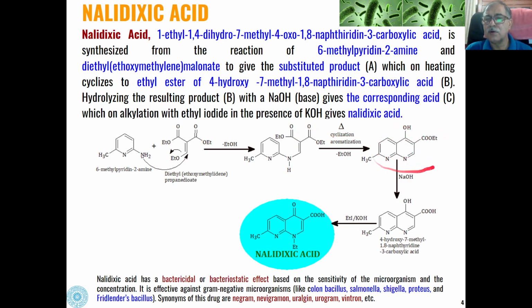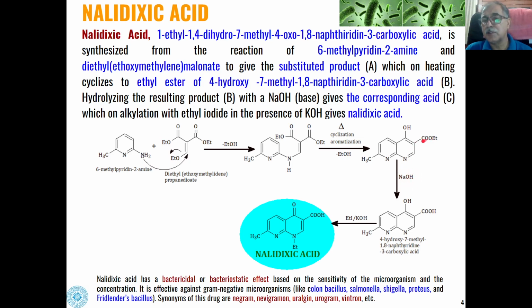So this is how aromatization leads to the formation of the ethyl ester of 4-hydroxy-7-methyl-1,8-naphthyridine-3-carboxylic acid. This ester will undergo hydrolysis in the presence of sodium hydroxide.